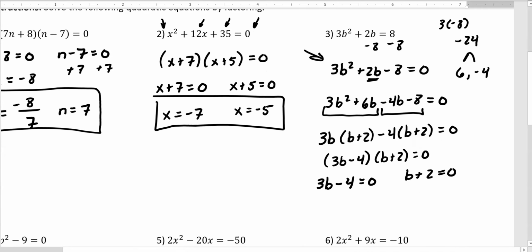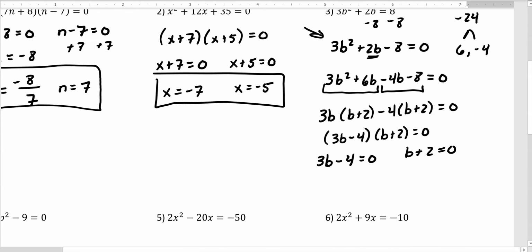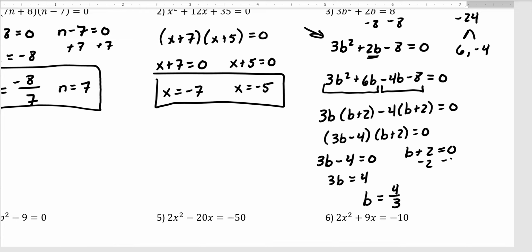Here, it's important that we add 4, so we'll have 3b equals 4. Divide by 3, and b equals 4/3. When I subtract 2 from both sides here, I find that b equals negative 2. There would be our answers: b equals 4/3, b equals negative 2.